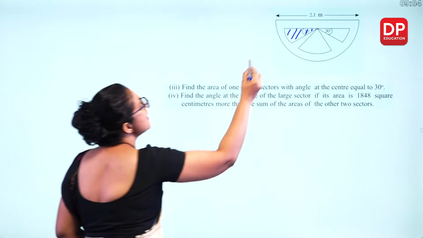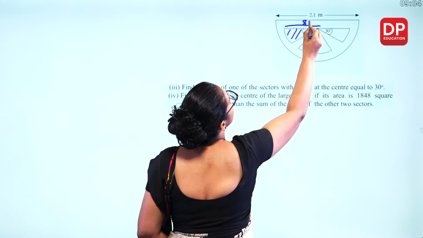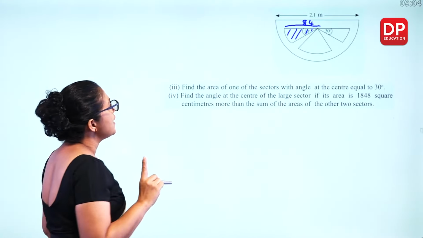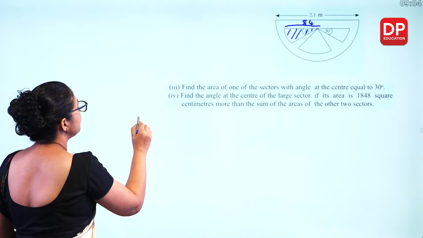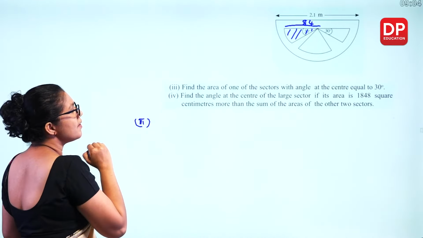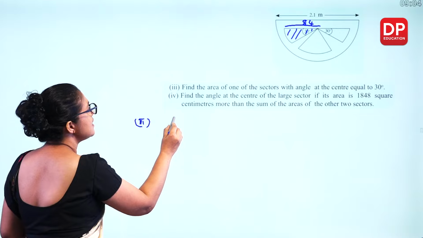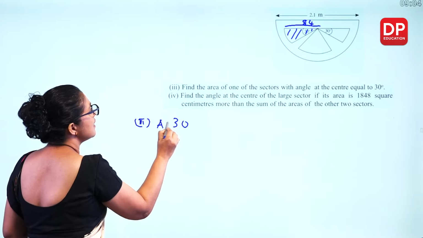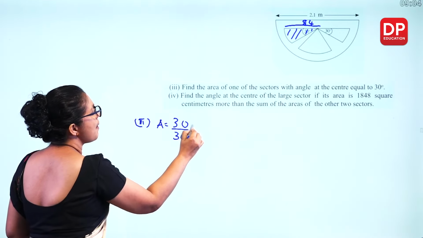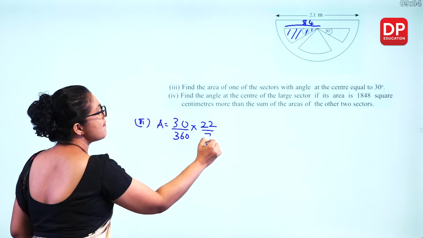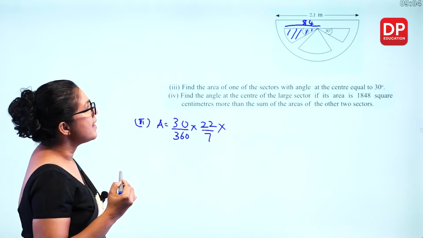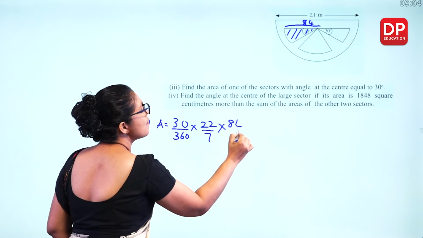So this is 84. So how can we find out the area of one sector? Area of one sector is angle is 30, pi is 22/7 and the radius is 84.